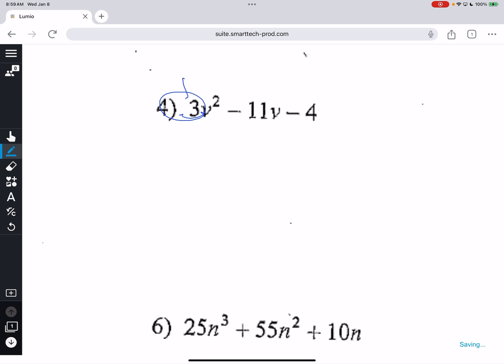And you're going to run down here and multiply it by the last number, -4, which gives us -12. So we're going to live over here in this alternate state for about 3 minutes, and then we'll have to come back to reality, all right? We move it, and we're left with v squared minus 11v minus 12.